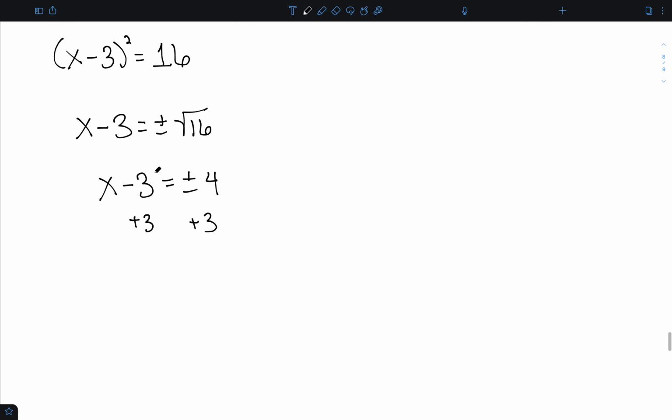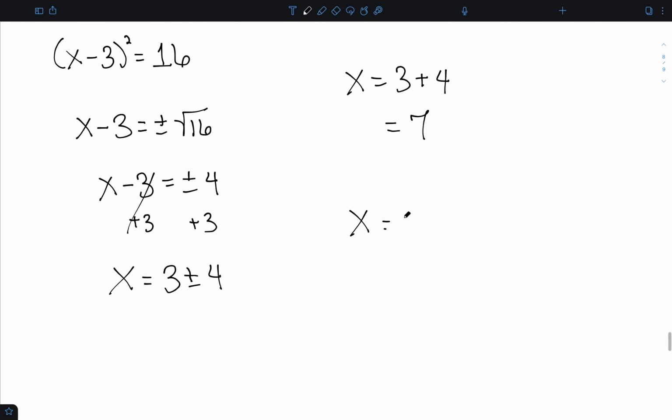I can then add 3 to both sides and get x is equal to 3 plus or minus 4. So this tells me I have two solutions. 3 plus 4, or 7, as well as 3 minus 4, or negative 1. So my two solutions to this equation are x equal to 7 and x equal to negative 1.